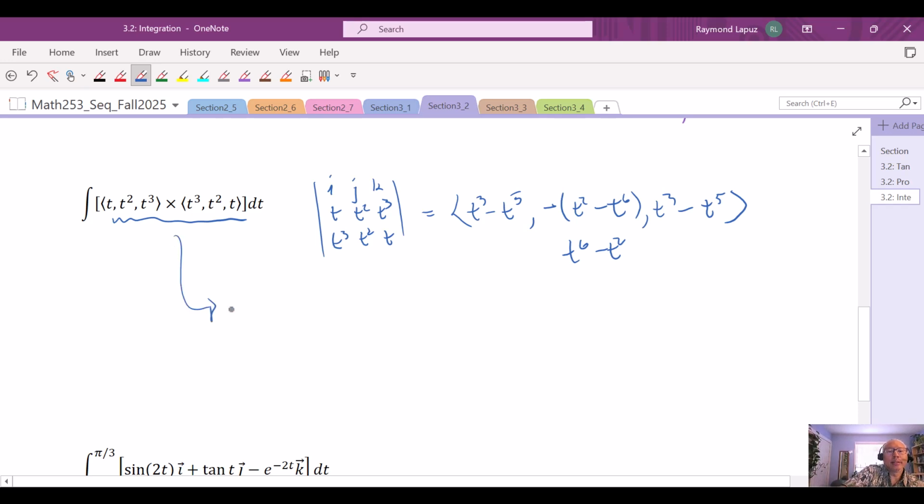So we integrate that, we will get, for the first component, 1/4 t to the fourth minus 1/6 t to the sixth, comma, and then 1/7 t to the seventh, and then minus 1/3 t to the third, and then the last one should be the same as the first one, and I'll put a plus c at the end, just making sure that this is a vector plus c.